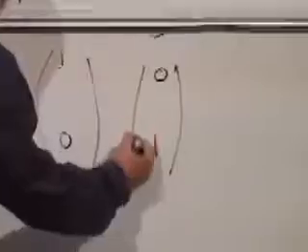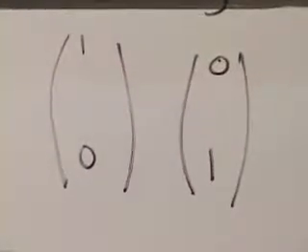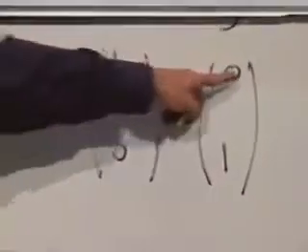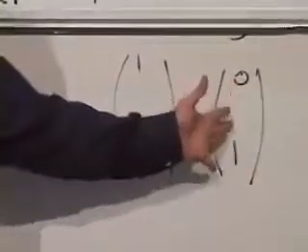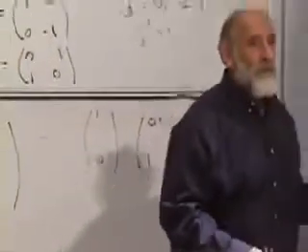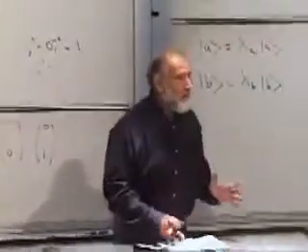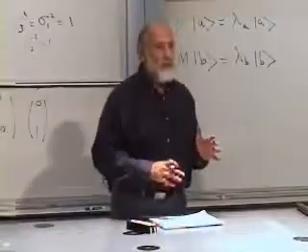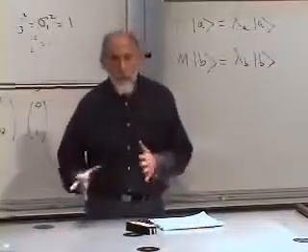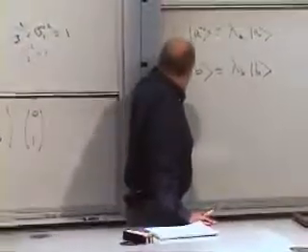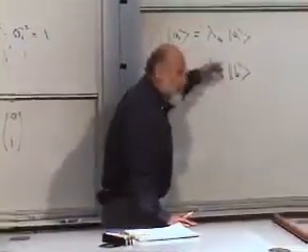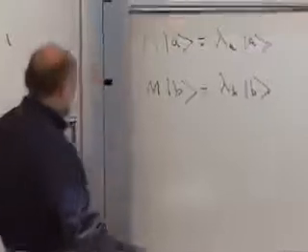These were the two eigenvectors of sigma 3. Notice that they're orthogonal because they don't share any elements. This times this plus this times this is 0. The orthogonality is the thing that tells you that in a single experiment you can distinguish between them. You distinguish between them by measuring the quantity which is represented by the Hermitian operator. But you get the idea.